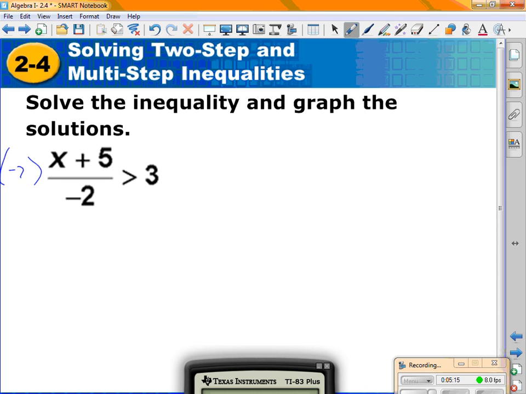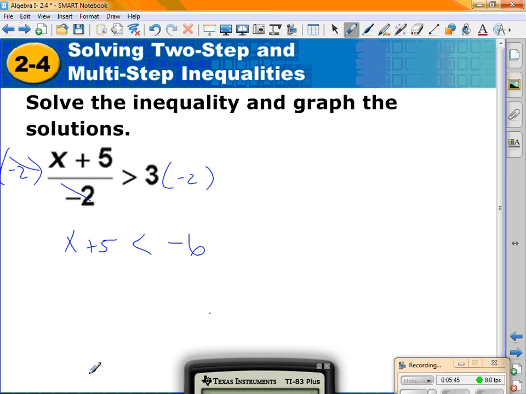So I'm going to multiply by negative 2, multiply by negative 2. When I multiply everything by negative 2, this cancels out this. But since I am multiplying by negative 2, x plus 5 is less than negative 6. Because I multiplied by a negative, it flipped the symbol.